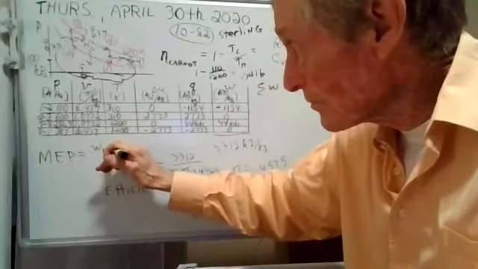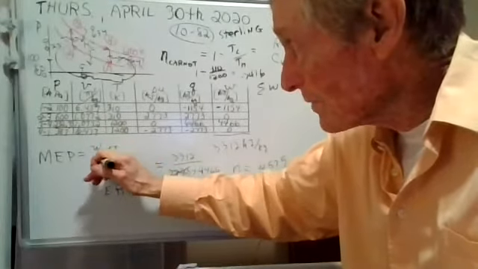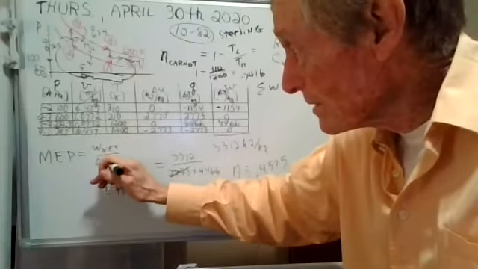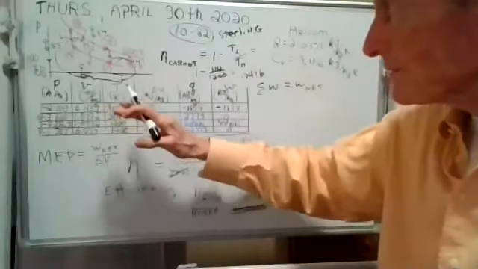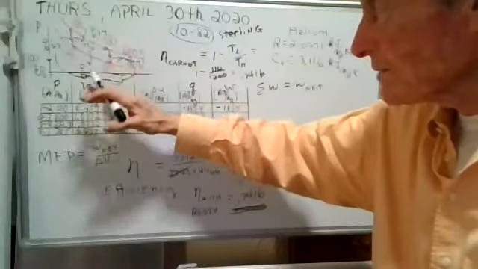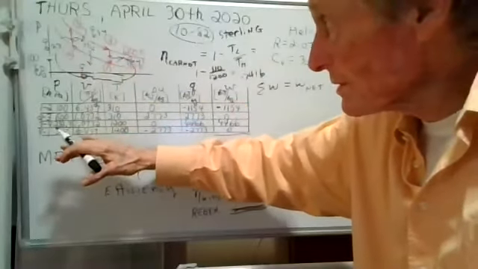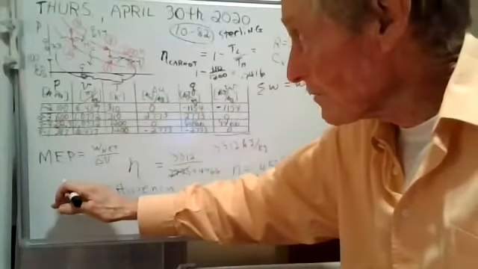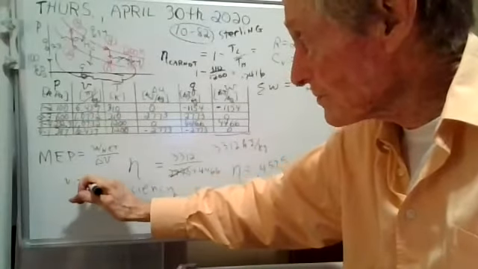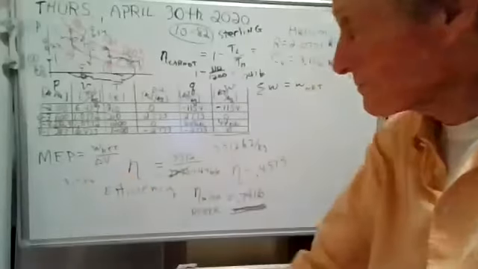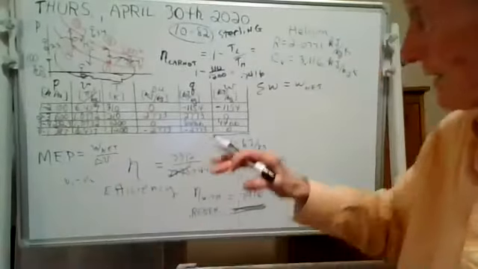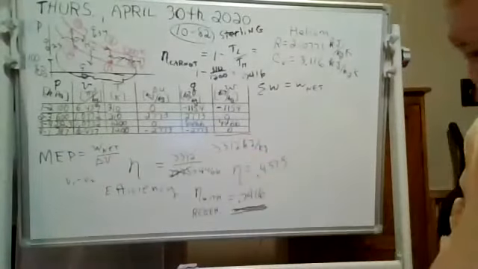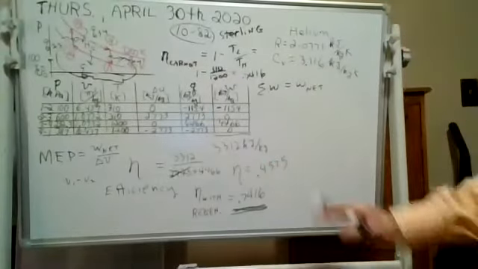You take the net work and you divide by your delta V. Well, you see, you got your V's right here. Delta V would be V1 minus V2. That's your delta V. Okay, and we have our net work. I got some room over here, let me write it over here.